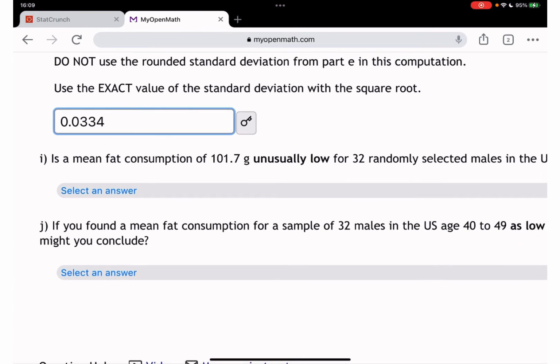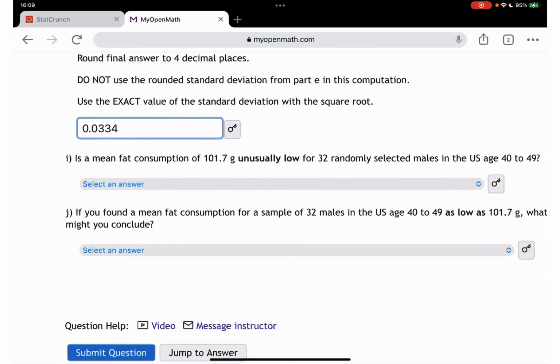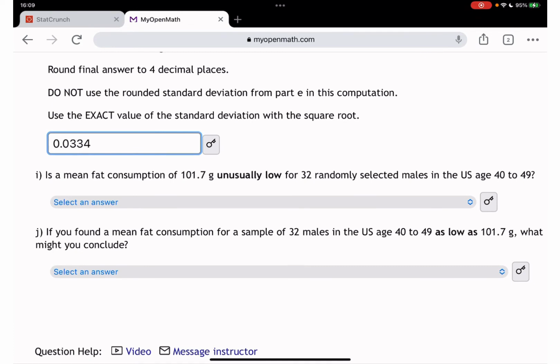So next, we're solving question I. Is a mean fat consumption of 101 gram unusually low for 32 randomly selected males in the age of 40 and 49? Well, let's figure it out.